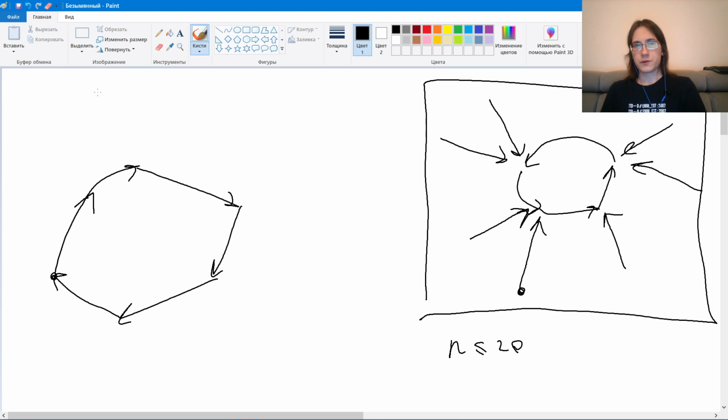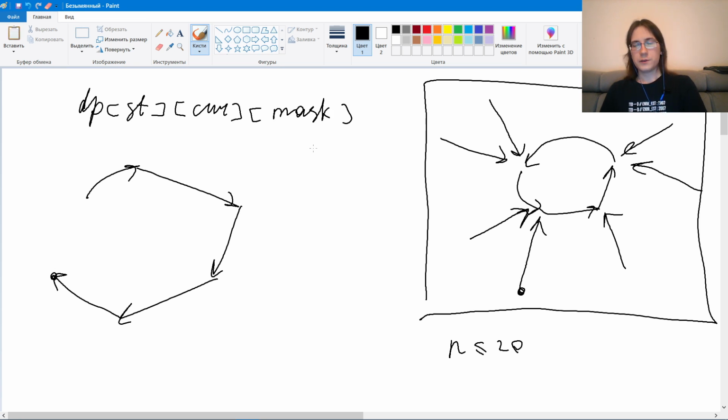And the parameters of the process are starting point, current point, and the mask of visited points, because we are not allowed to visit one point 2 times. And the value of dp will be just true if we can reach such state and false otherwise.